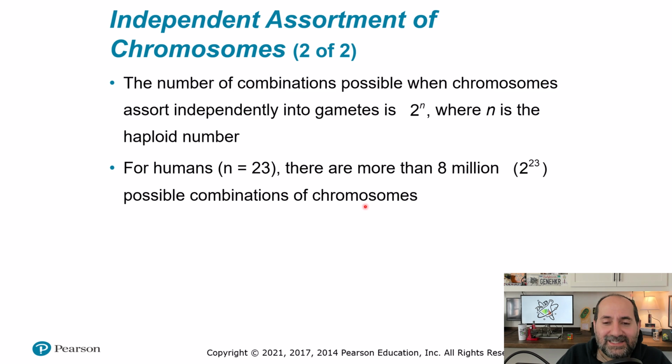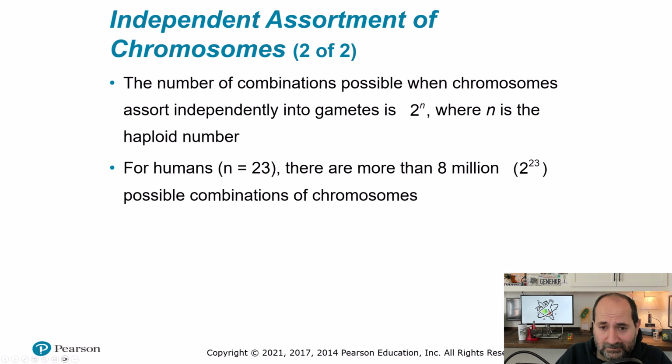That means that each person can form 8 million different combinations of chromosomes in their gametes, in the sperm or the eggs. And that's true not just for the father, for instance, but the mother as well. So the father can form 8 million different types of sperm based on their chromosomes, and the mother can form 8 million different types of egg based on their chromosomes.